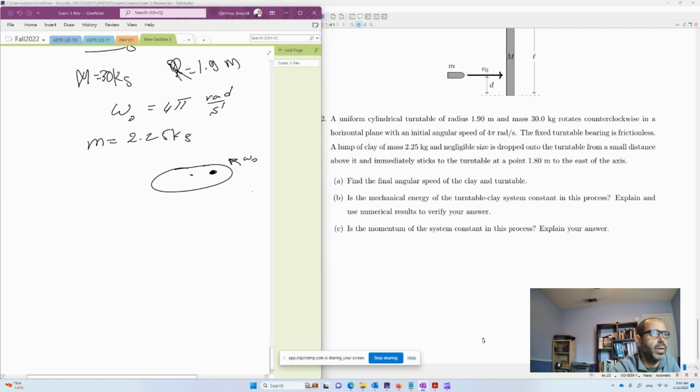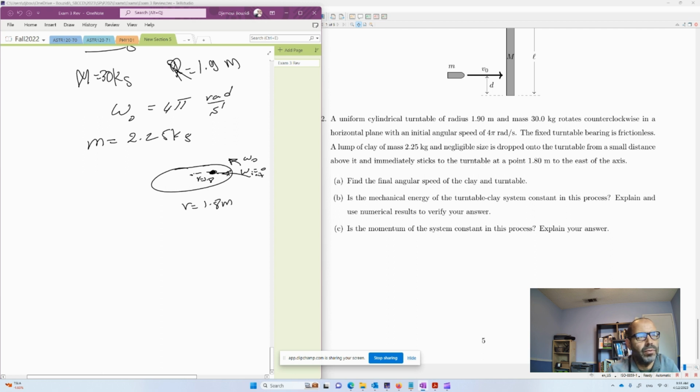This way, the initial omega for this particular clay is 0, because you drop it immediately above very gently. And it sticks to the turntable at a distance of R equals 1.8 meters.